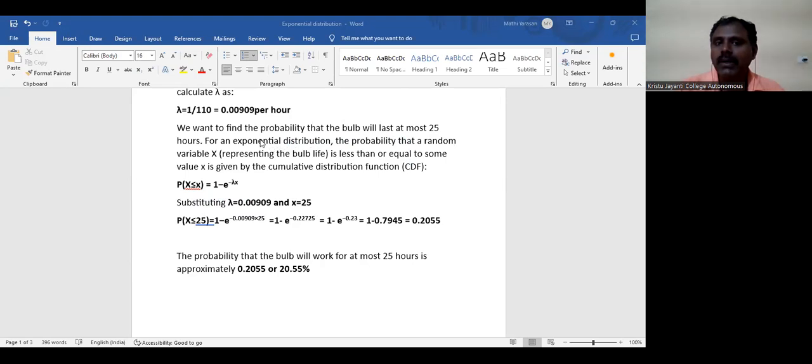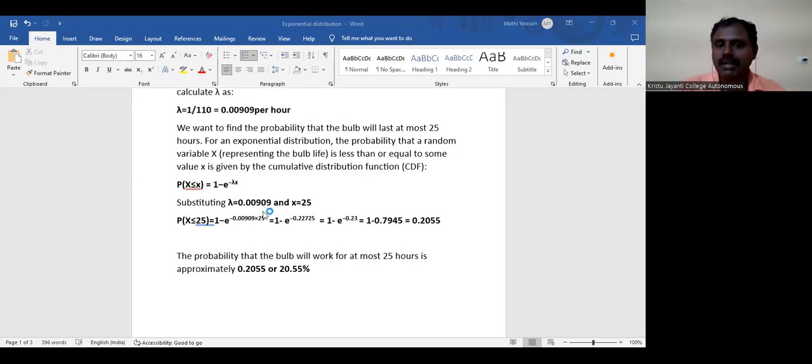Because in the question they are asking you to find the probability that the bulb will last at most 25 hours. At most 25 hours means a maximum of 25. That is the reason we are using the less than or equal to symbol. So the formula we are using is P of x less than or equal to x equal to 1 minus e to the power minus lambda x.